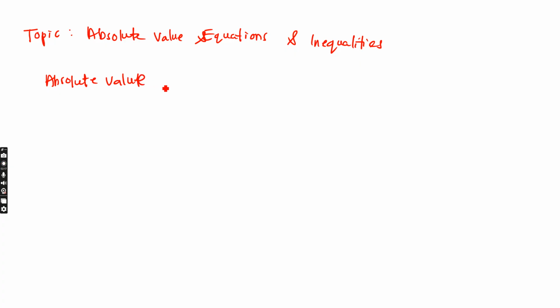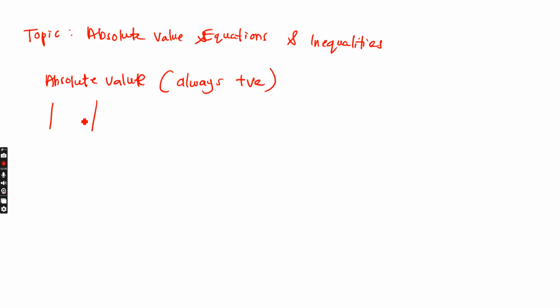Basically, absolute value is a number that is always positive. It doesn't matter whether it is a number or an equation, it is a value that is always positive. When we want to represent this value, we use the modulus symbol, which looks like a bar like this. Anything inside this bar, the value will be positive.